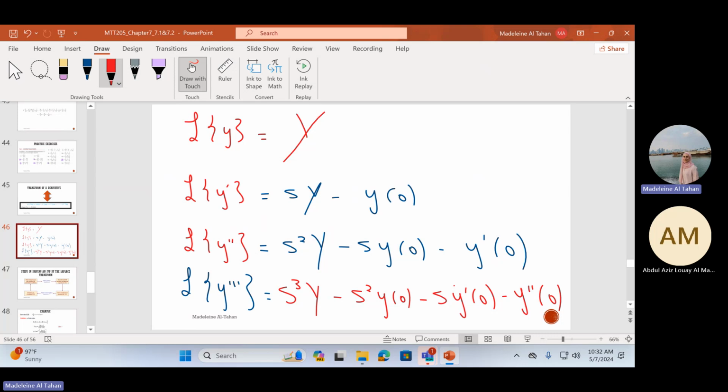Please write it down, miss. Again, whenever we are solving a differential equation using Laplace, this slide, the Laplace transform formulas, and the inverse Laplace formulas should be in front of us.